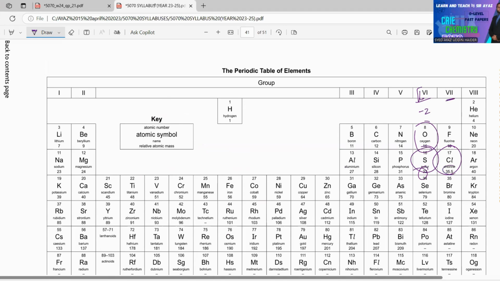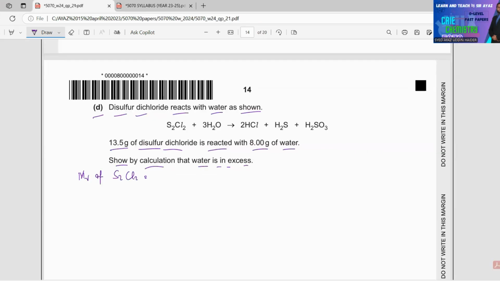For chlorine, it's 35.5. So, we have 2 multiplied by 32 plus 2 multiplied by 35.5, which will become 64 plus 71 or 135.